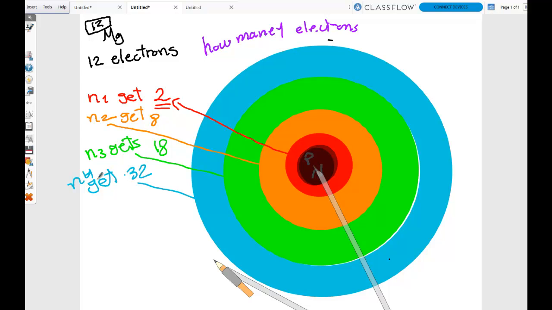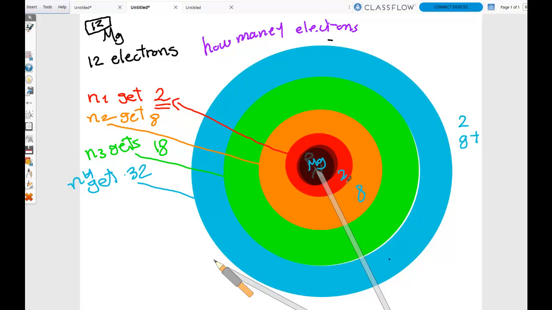So for magnesium, the atomic number is 12. Out of the 12 for magnesium, Mg, there will be 2 for the first shell, 8 for the second shell. 2 plus 8, that's 10.